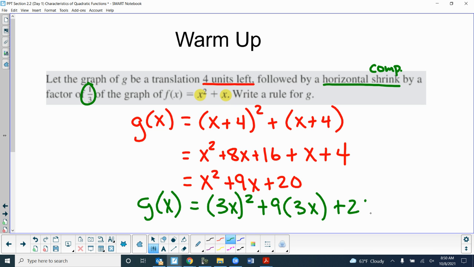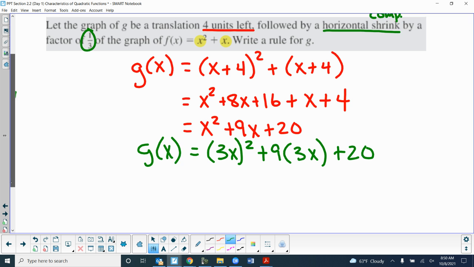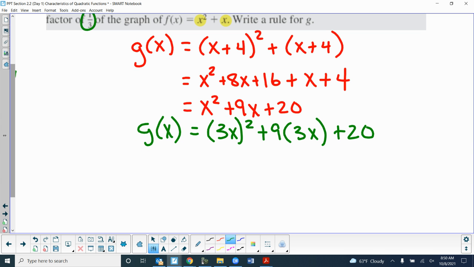Again, for the horizontal stretches and compressions, whatever factor they give us, we're using the reciprocal. Okay? So, what's 3X times 3X? Louder. 9X squared, right?